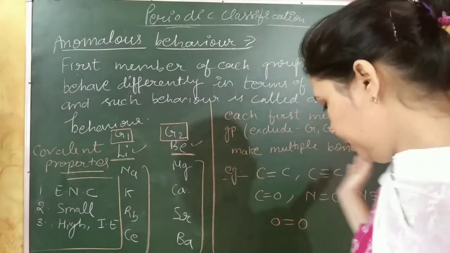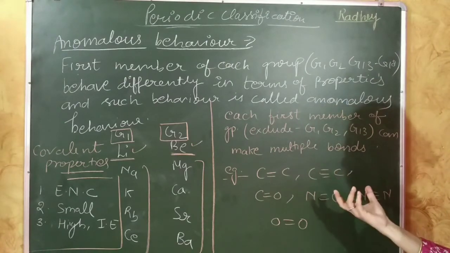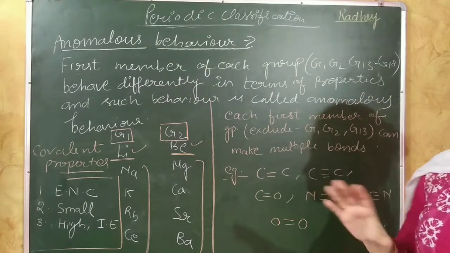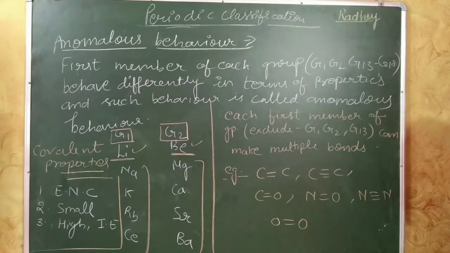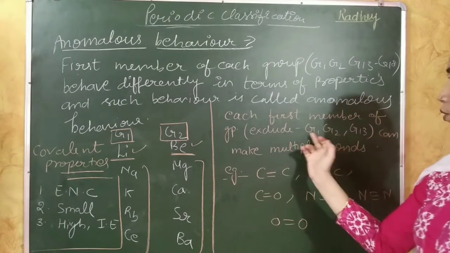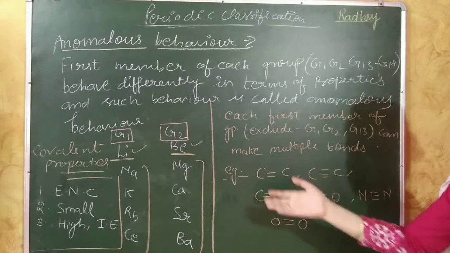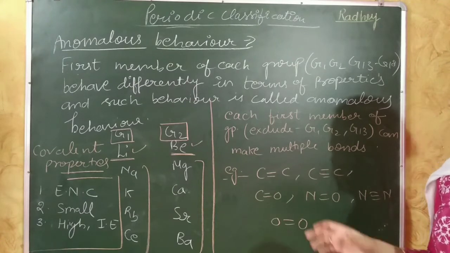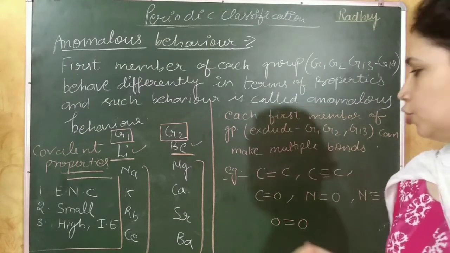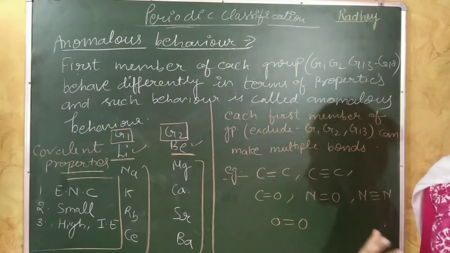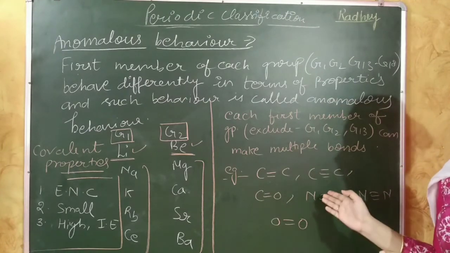Now here we are taking another example, in which we are excluding group 1, group 2 and group 13. Then we are talking about the other groups, that is groups 14, 15, 16. The first member of each group will show variable characteristics or different properties than the other members of their groups.